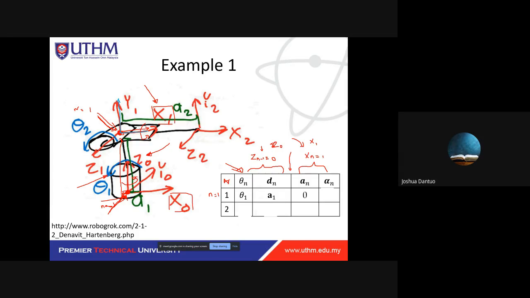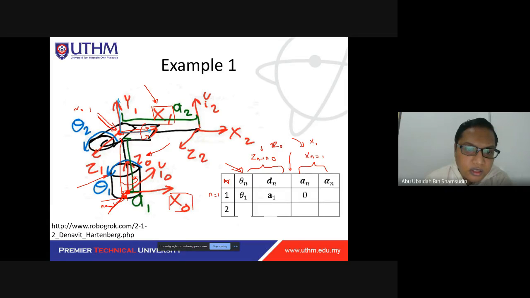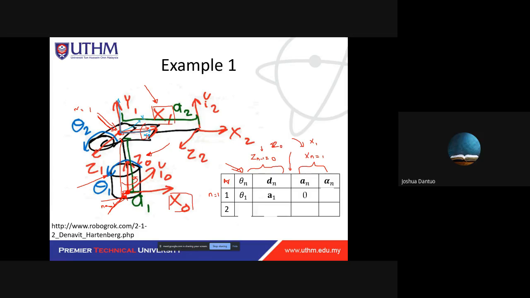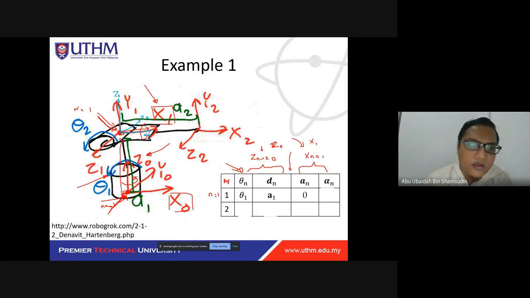This is x0, this is y1, this is y0, this is z0. We need to rotate in this direction so that z0 is the same as z1. So we need to rotate about 90 degrees. So this answer should be 90 degrees.